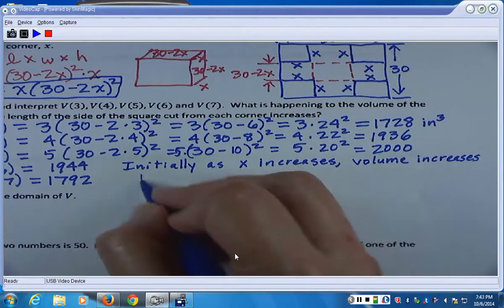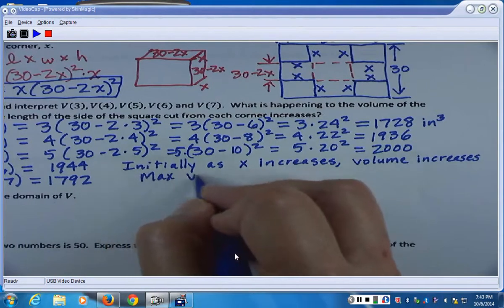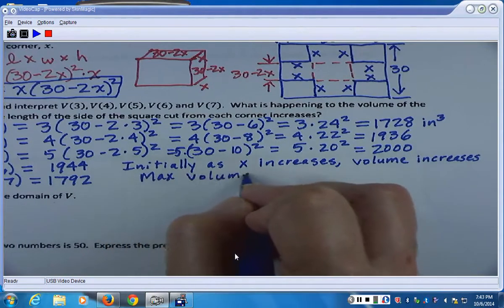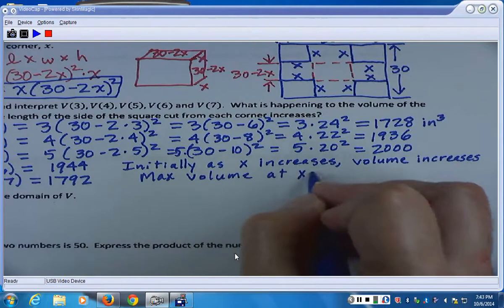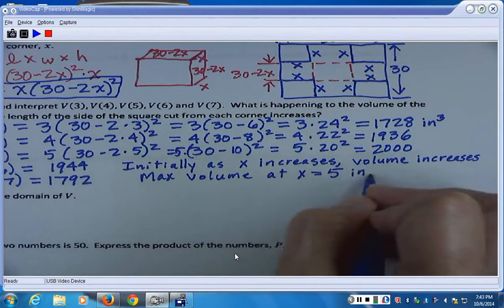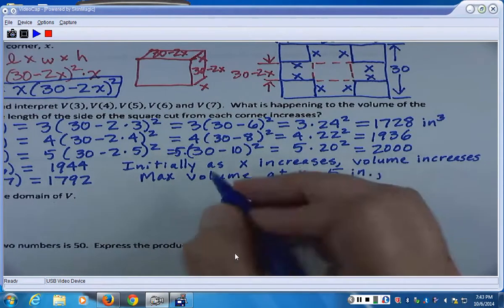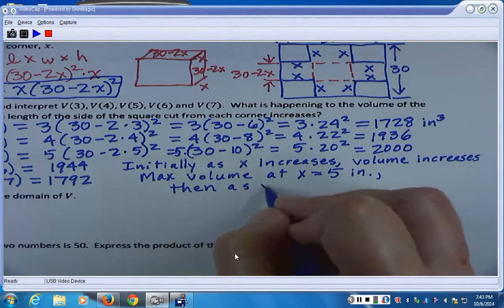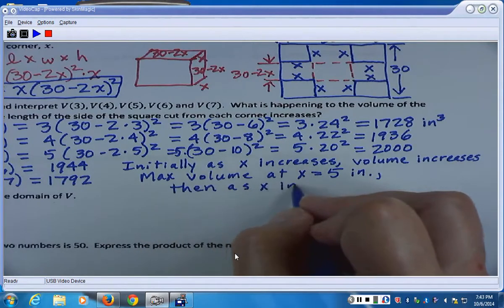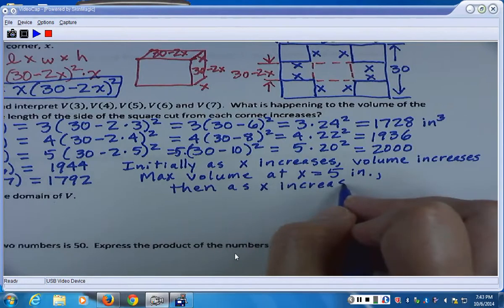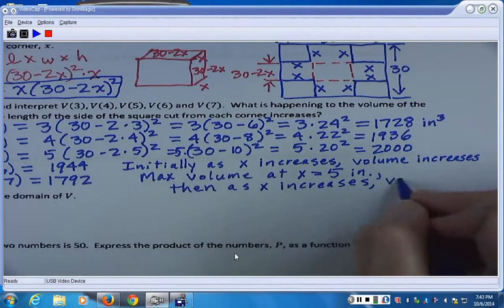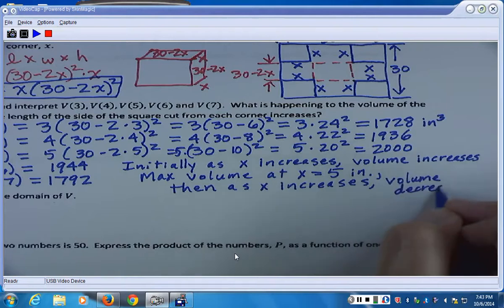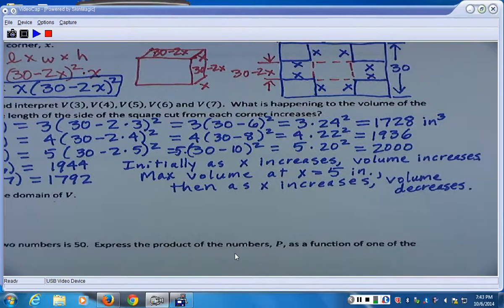We have a maximum volume at X equals 5 inches. Then after 5, as X increases, the volume decreases. Okay, so that's what's happening.